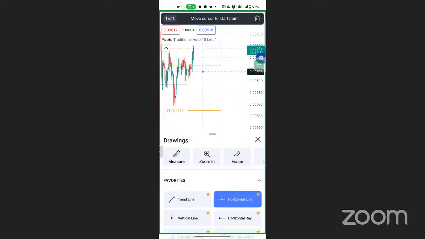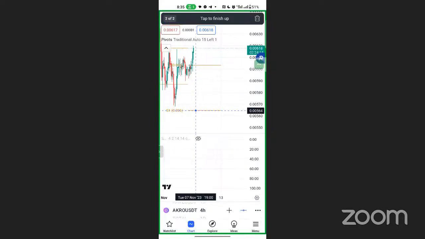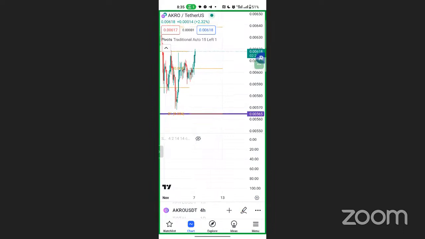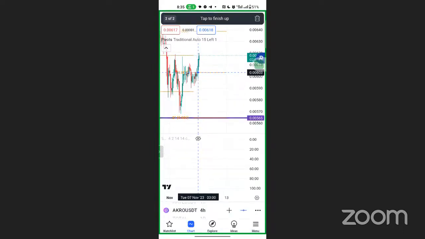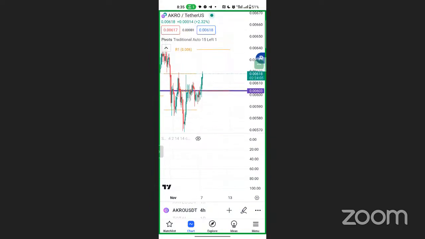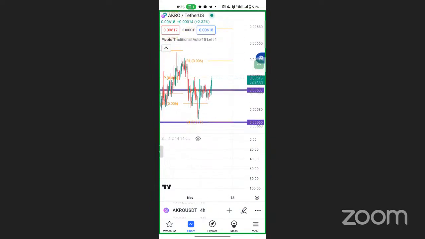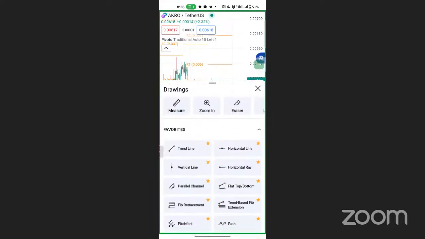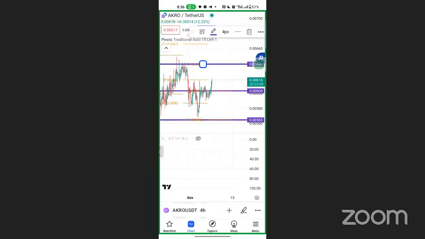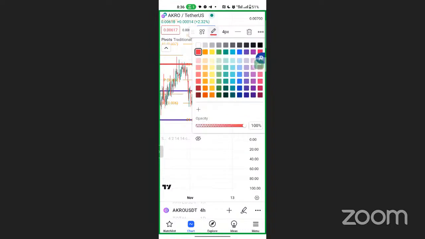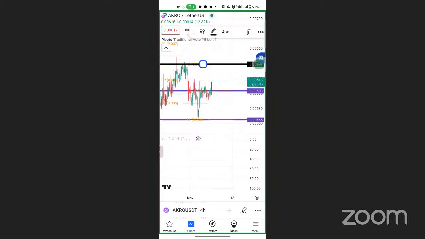And then we shall draw at our support 1. Then we shall draw at our pivot point. Then we shall draw at our resistance. Black.